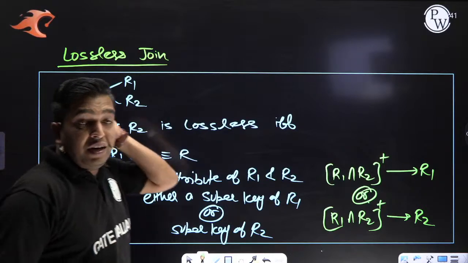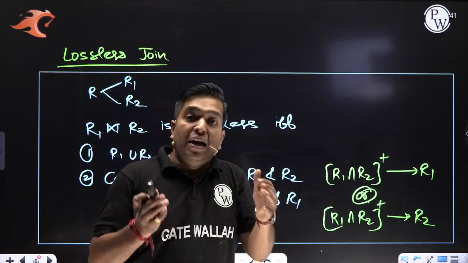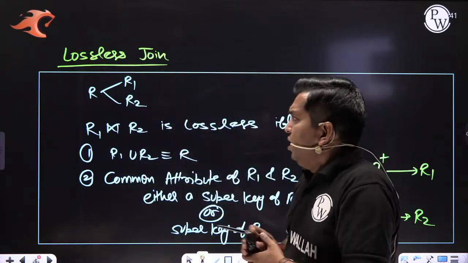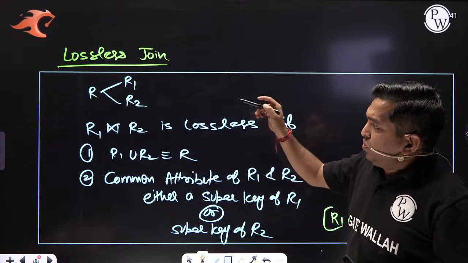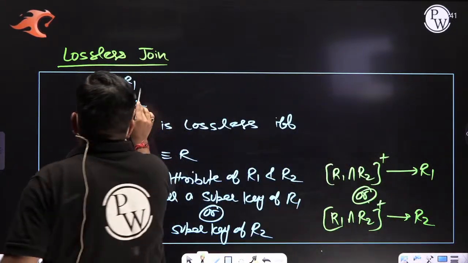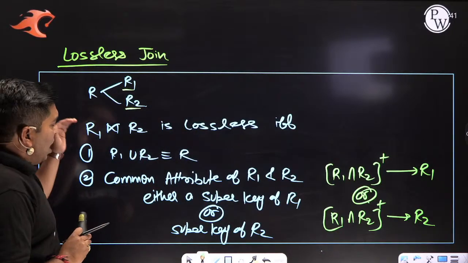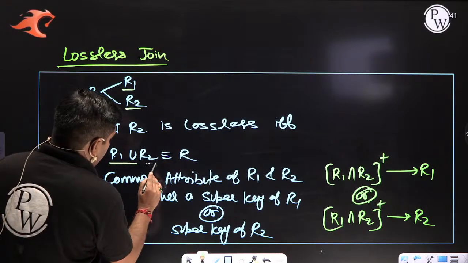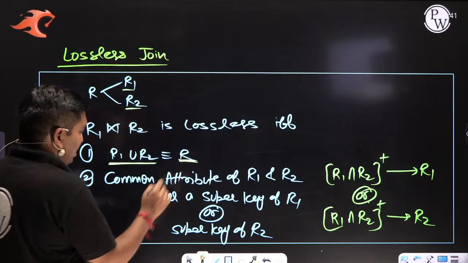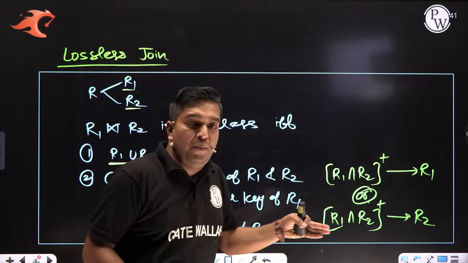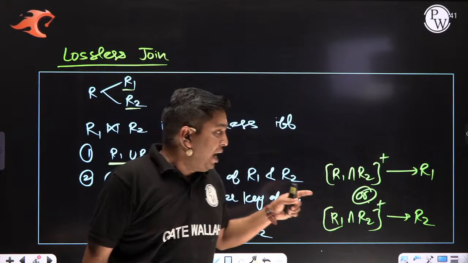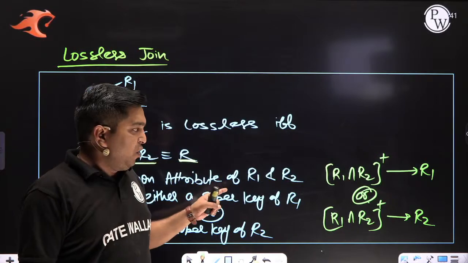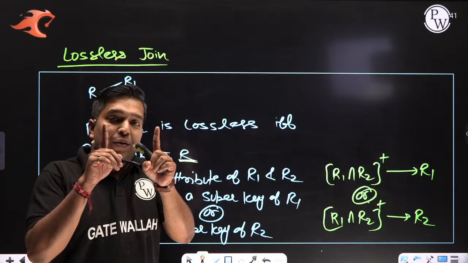Binary means what? If a relation is decomposed into two sub-relations, you are making two combinations one time. That is the meaning. Now listen, everyone. If a relation R is decomposed into sub-relations R1 and R2, then R1 join R2 is lossless if and only if when you take the union, you get the exact relation R, and the common attribute is either a super key of R1 or a super key of R2, then it will be lossless.